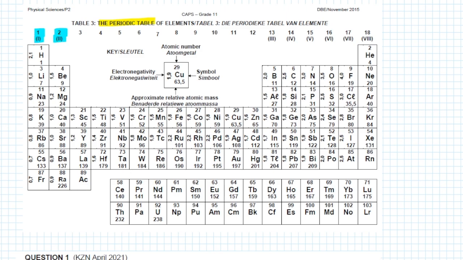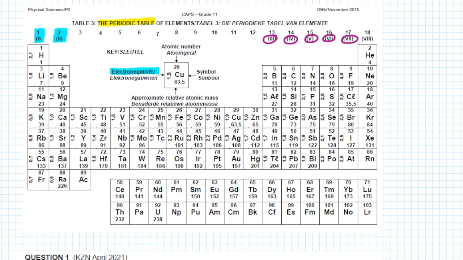Group 2 contains 2 valence electrons. We look at the traditional group numbers 3, 4, 5, 6, 7 given by the Roman numerals, and we therefore know that group 13 has 3 valence electrons, group 14 has 4 valence electrons, and so on. Be sure to make use of your periodic table in order to determine the valence electrons in each atom.